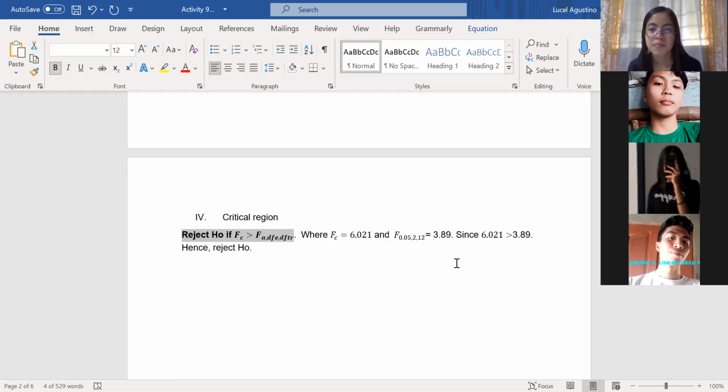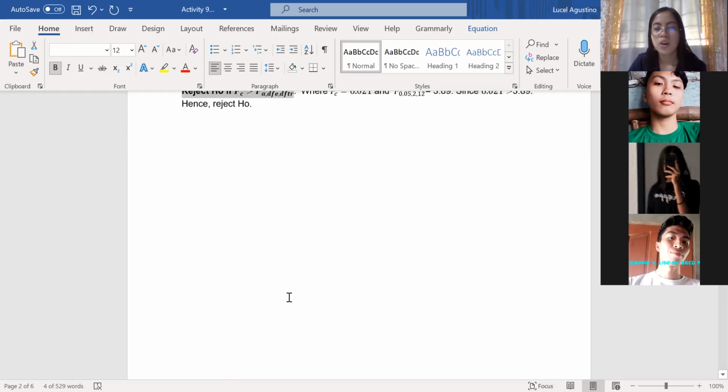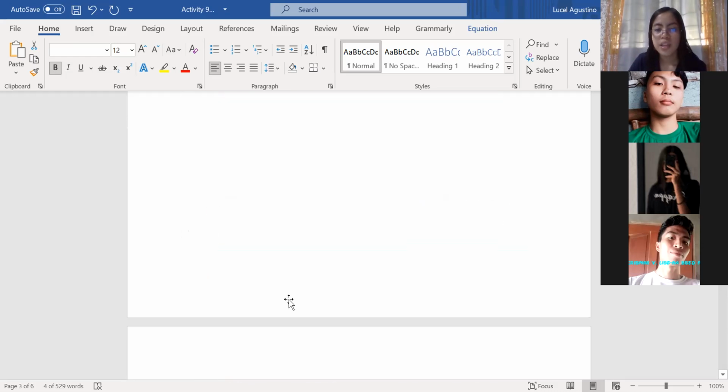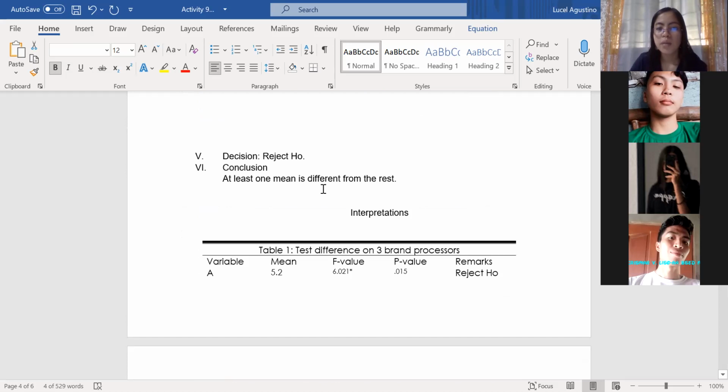Computed. So F computed is higher. Since 6.02 is greater than 3.89, by conclusion with this default, reject H0, because the F computed is high. This is our critical region where we base our decision. So reject H0. In other words, at least one mean is different from the rest. At least one of the processors has a different time of booting up. That is how you interpret it.